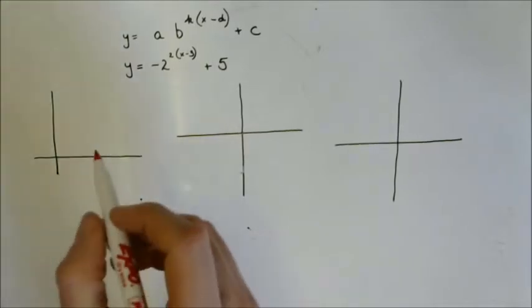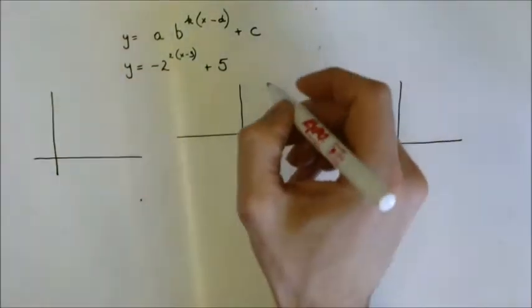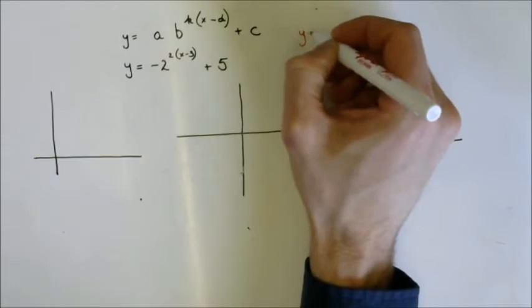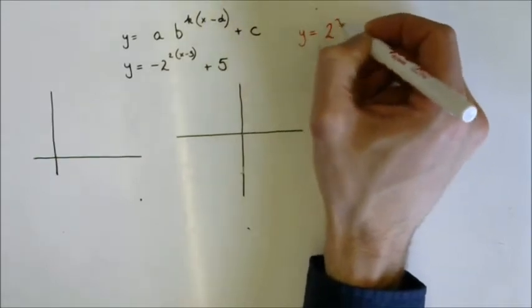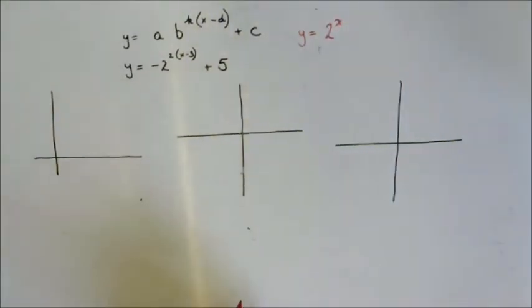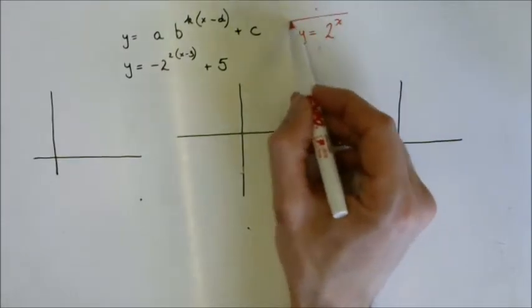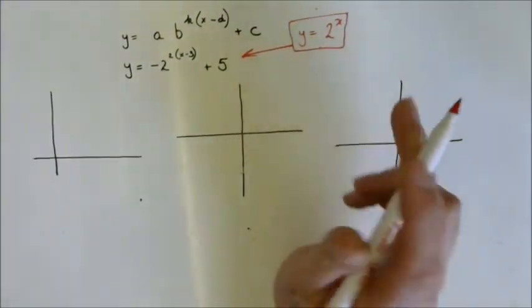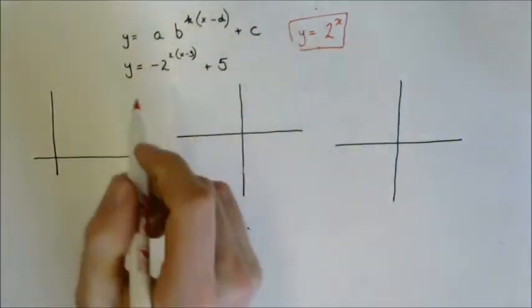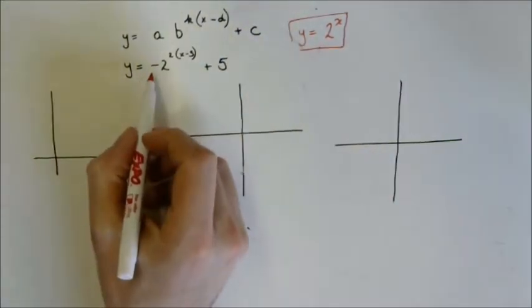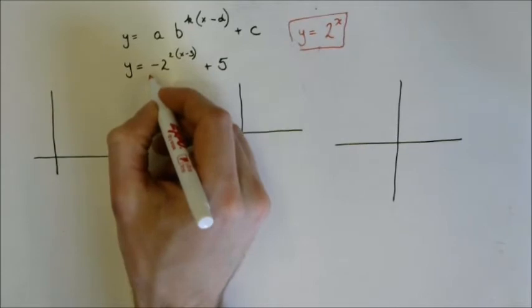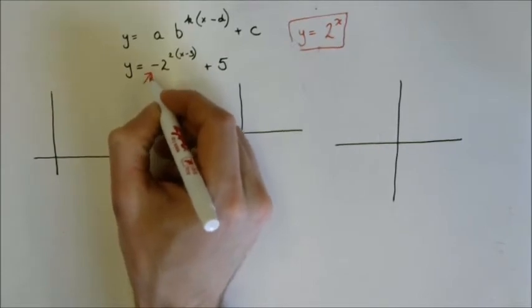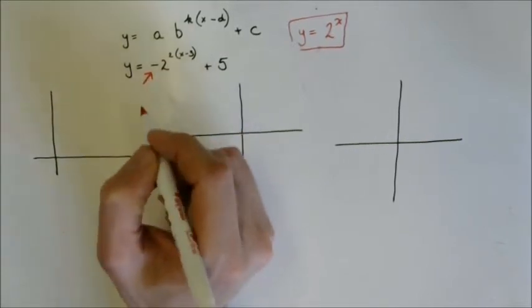So I notice that the parent function in this scenario is going to be y equals 2 to the power of x. And we're basically saying, okay, what has happened to this in order to create that? What's that negative sign going to do?